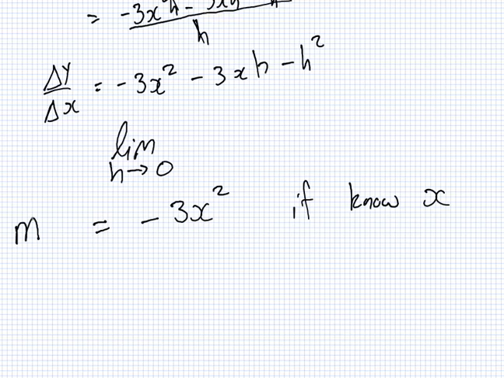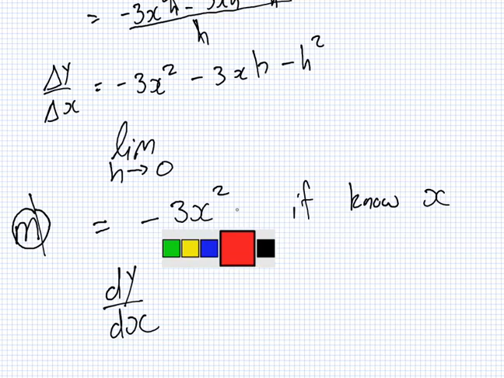But we don't use the letter m anymore for slope of tangent when the limit has been applied, we now use dy dx, which some people have seen before. So from this point on, when I say dy dx, it means slope of tangent. And this, yes, this is called the first derivative.